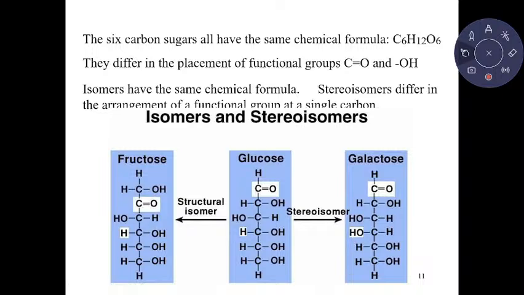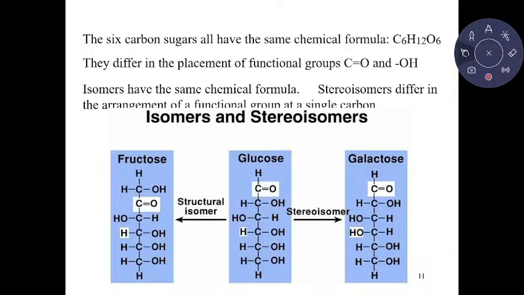So the 6 carbon sugars all have the same chemical formula, C6H12O6. They differ in the placement of the functional groups, C double bond O and OH. Isomers have the same chemical formula.